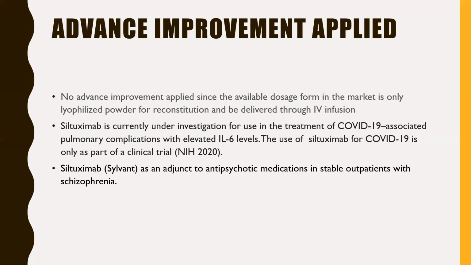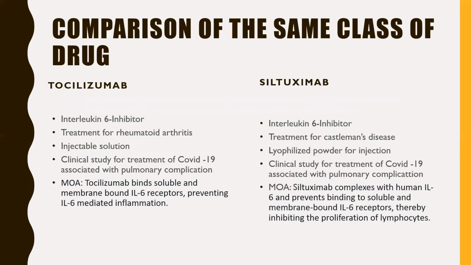But Siltuximab is currently under investigation for use in the treatment of COVID-19 associated pulmonary complication with elevated interleukin-6 levels. The use of siltuximab for COVID-19 is only as part of a clinical trial. Siltuximab is also used as an adjunct to antipsychotic medication in stable outpatients with schizophrenia.